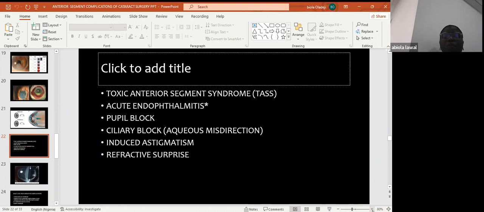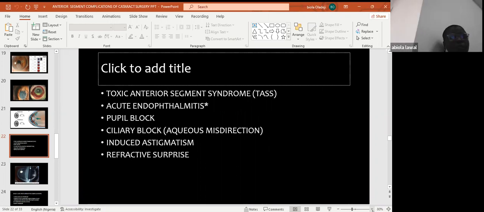We could also have induced astigmatism from sutures and ECCE, even from SICS, because before the tunnel, usually there's cautery of the scleral bed. If that is done too aggressively, it can also cause astigmatism.